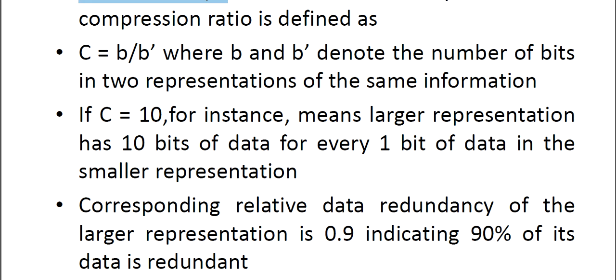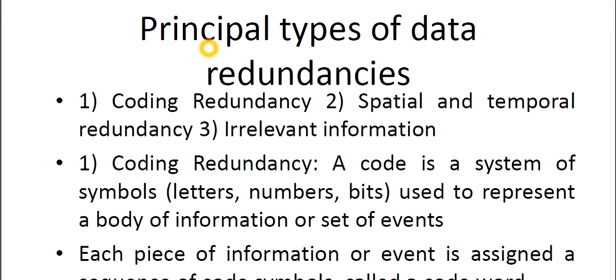This means 10 bits for the larger representation for every 1 bit of the smaller representation, and we have got that the relative data redundancy of the larger representation is 0.9. It means 90% of its data is redundant. Clear?